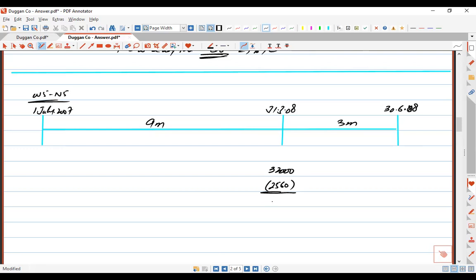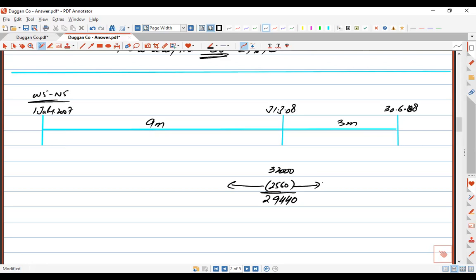After deducting this, 29440 is an amount which has no problem. This amount is perfectly fine. But this 2560 is to be bifurcated into 9 months and 3 months.